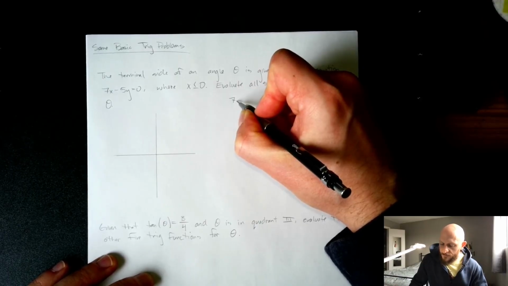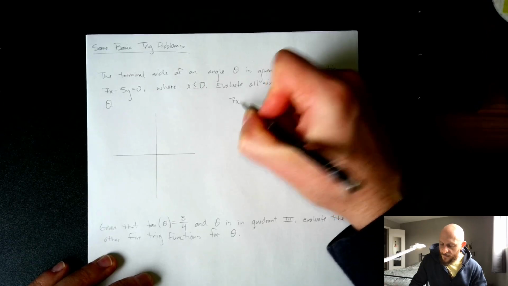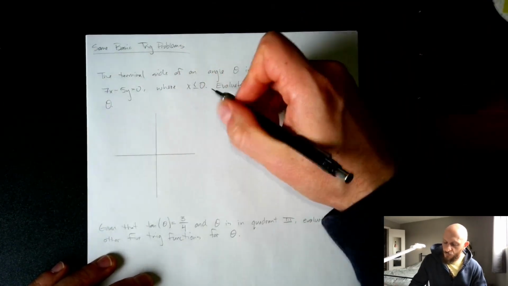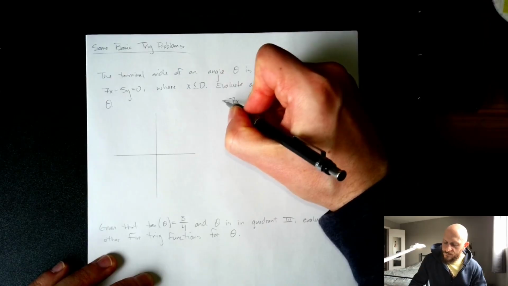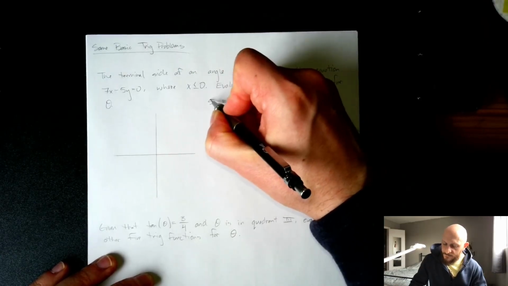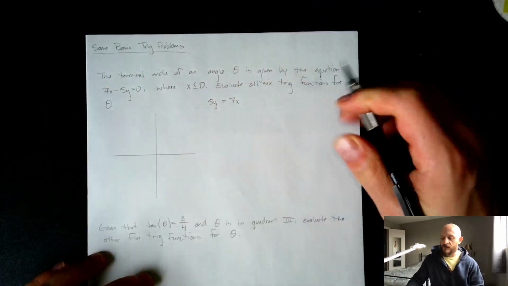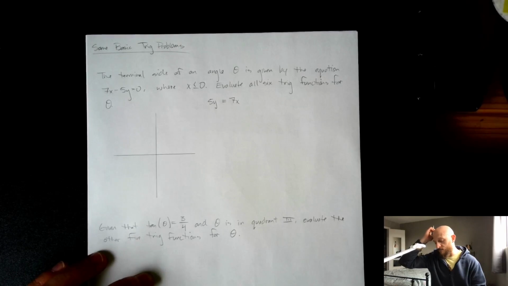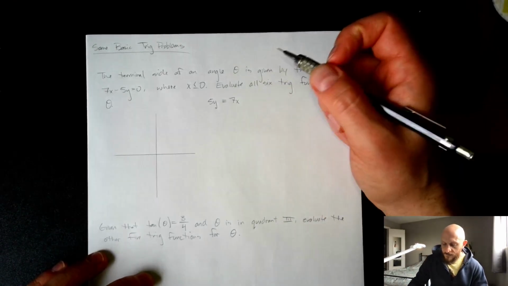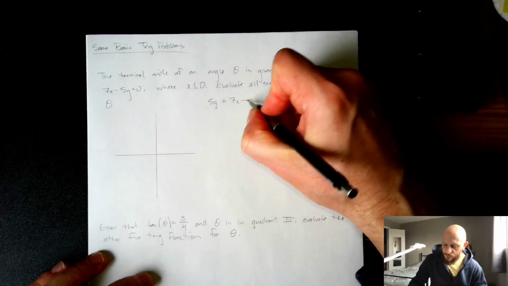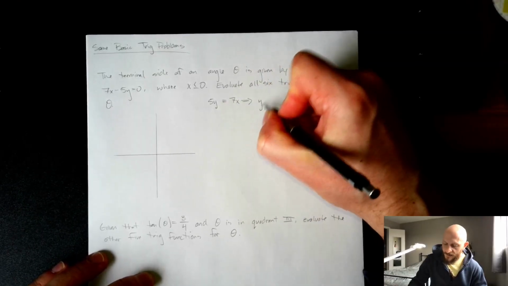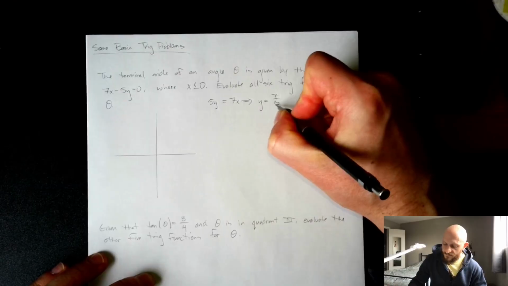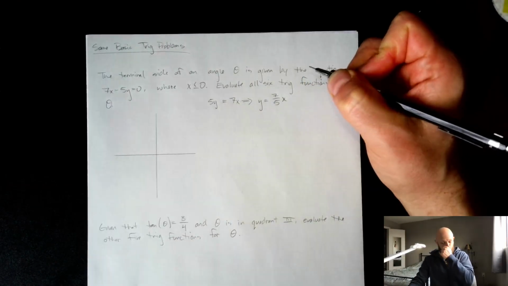So I think what I'll do instead is solve this thing for y, just because that helps me get an idea in my head for what this looks like and what might be a good number to plug in that avoids fractions. So 5y equals 7x, which means that y is equal to 7/5 x.